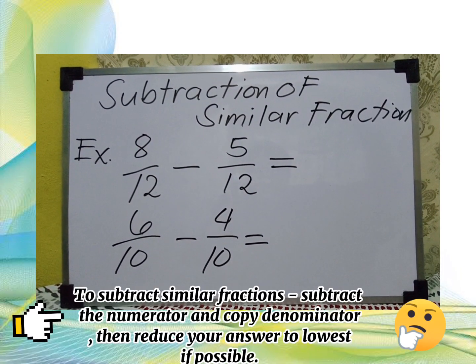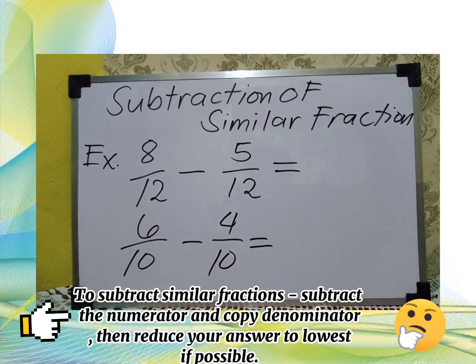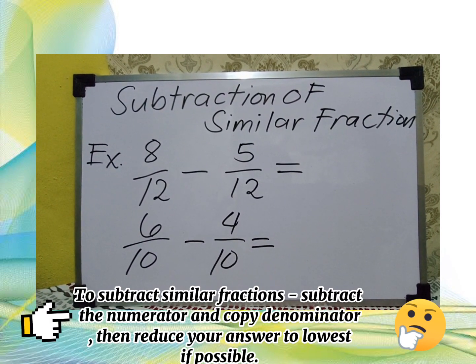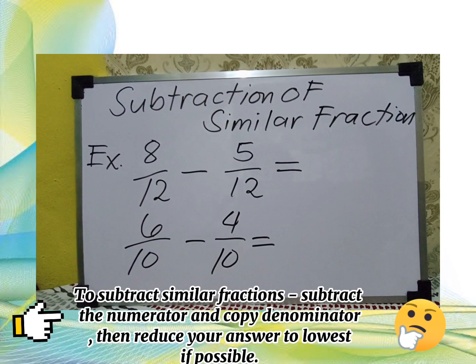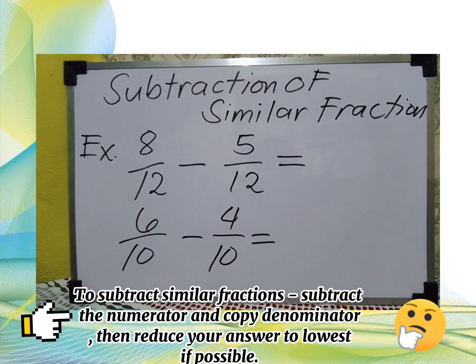Short video on how to subtract similar fractions. Example number 1: 8/12 minus 5/12. Always remember, class, if the fractions have the same denominator, it means they are similar fractions.